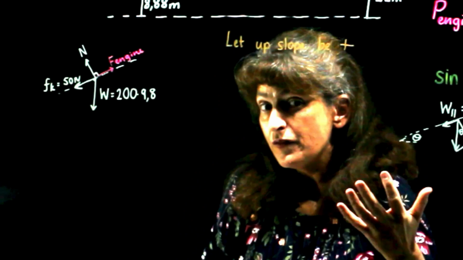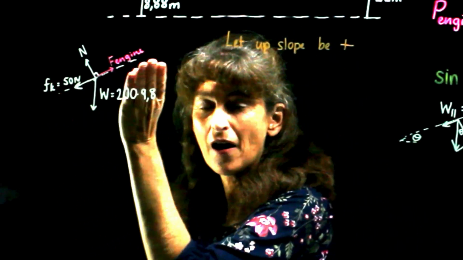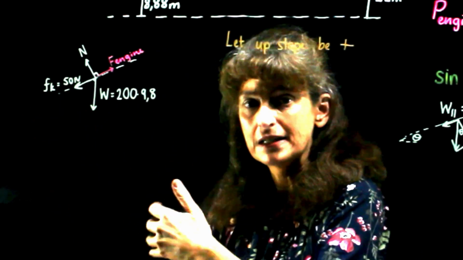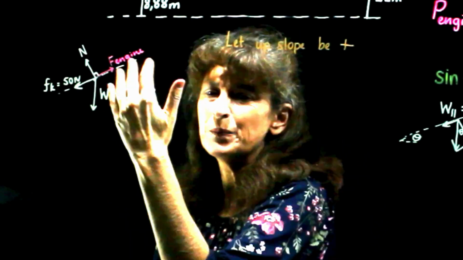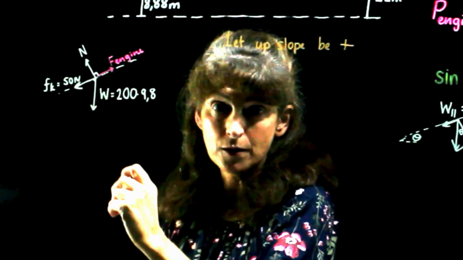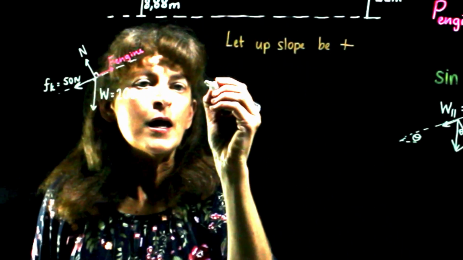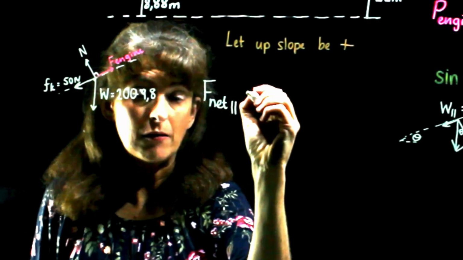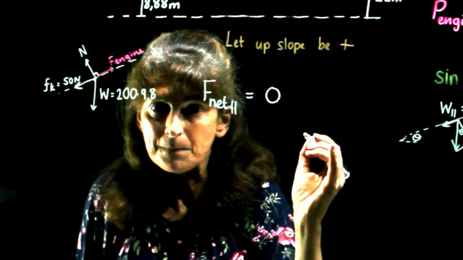We can even simplify it more by just looking at the forces that act parallel to the slope, and their net force is 0. The force is acting perpendicular also, but that's not going to help us with the unknown because the unknown acts parallel. So, F net parallel forces, parallel to the slope, equals 0. Now, what are those forces?